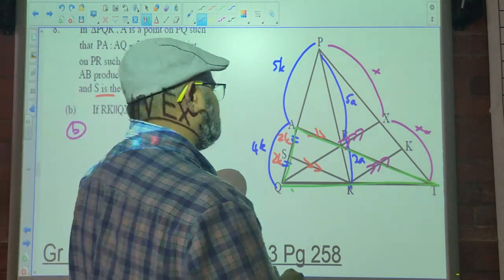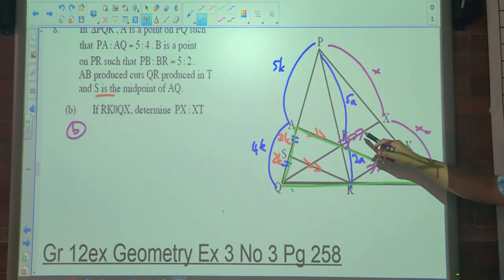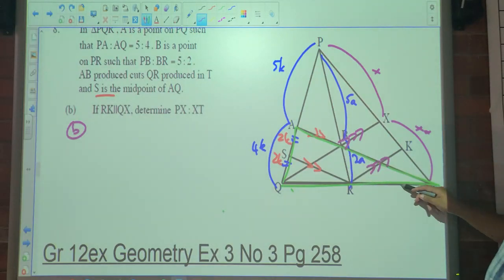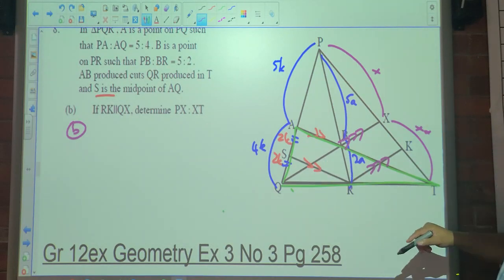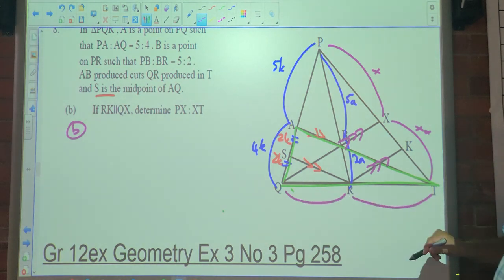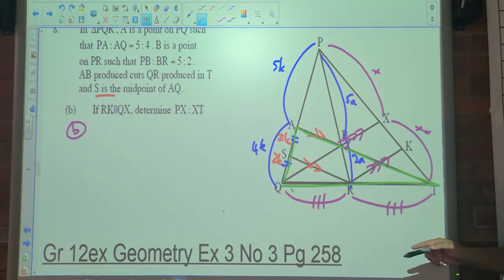Okay, so if we look at the lines that are given parallel, according to this triangle highlighted in green, which is coming from the previous question, we know that QR is equal to RT. Why is that the case?